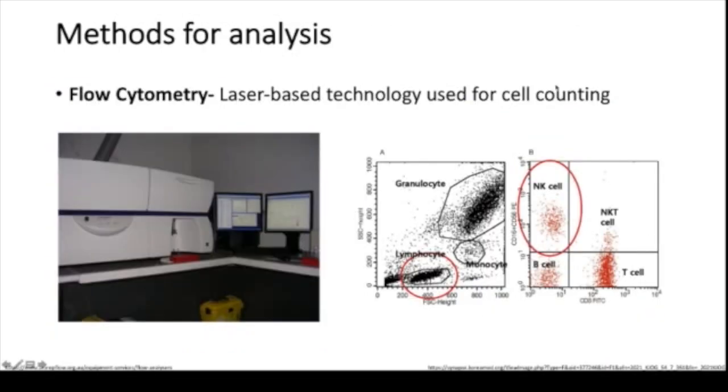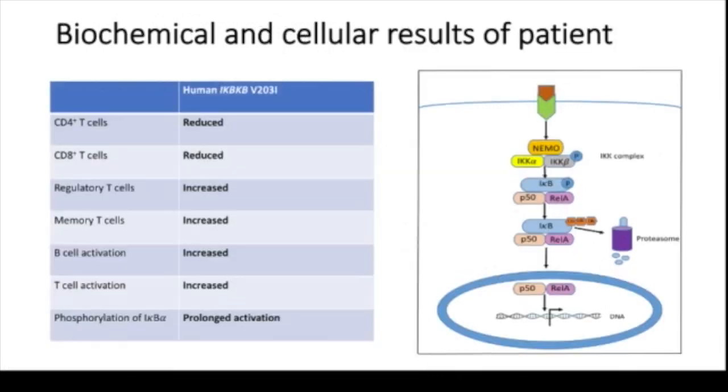These, you can see that different cell populations are separated from one another based on their size and also the cellular markers that they express, and these individual dots here represent an individual cell that falls within that cell population. So with this technology, we looked at specific immune cell populations within the patient and compared them to a healthy control.